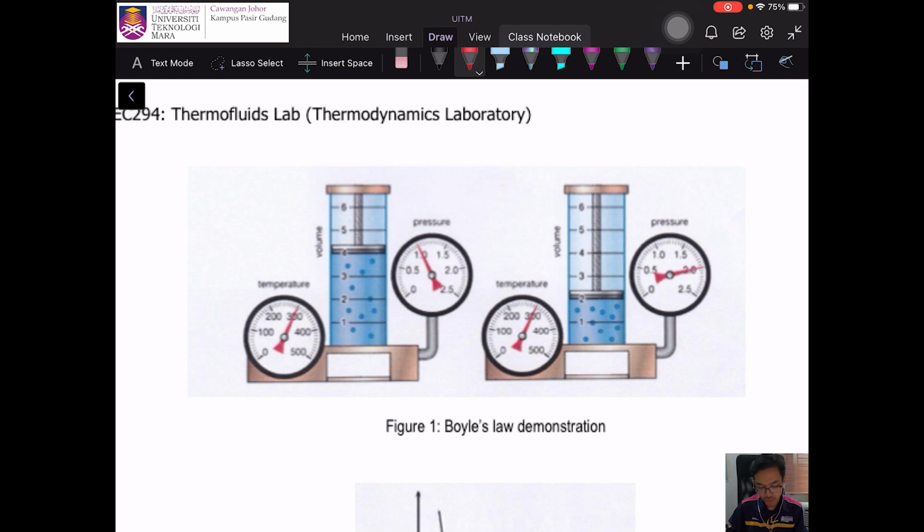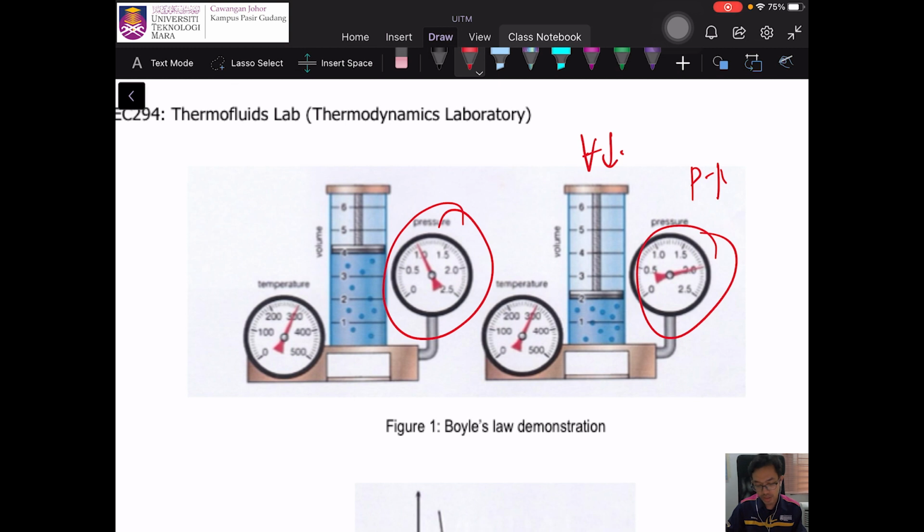The left side shows the Boyle's law experiment when the volume is higher than the right one, and when the volume is high, the pressure value from the pressure gauge is lower than on the right-hand side of this picture, where the volume is down and the pressure is higher than the left one.